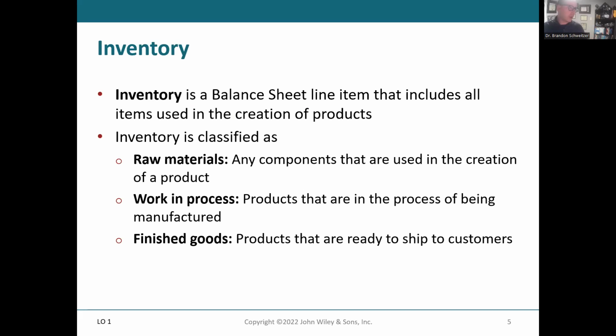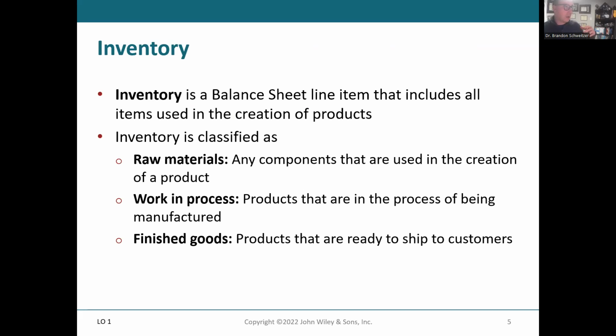Once the cookies are baked, we put them into a package. And then once the package is complete, we've got the box, the saran wrap or whatever, and the label. We take it out of work in process and we put it into what we call finished goods. That's where the product is ready. It's complete and available for sale to the customer, right?